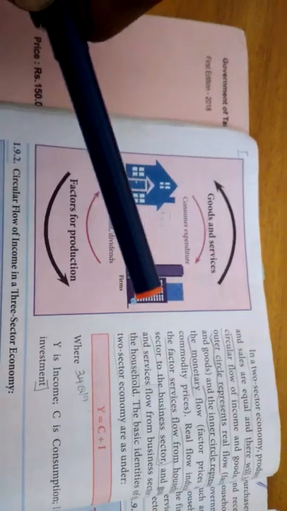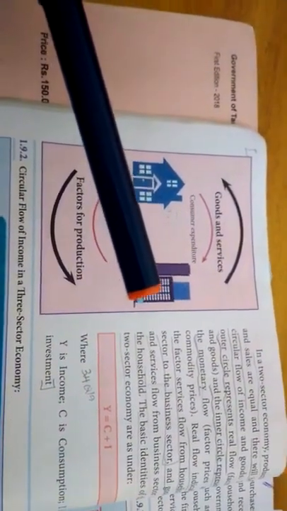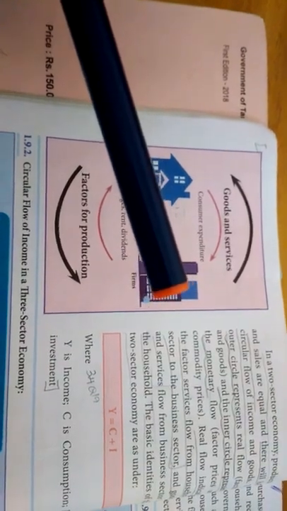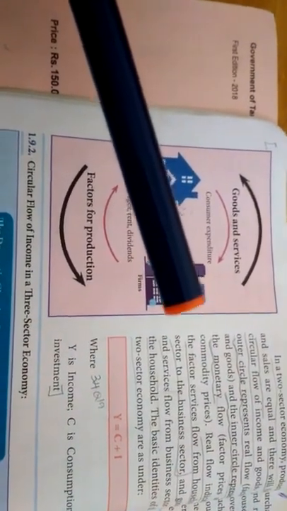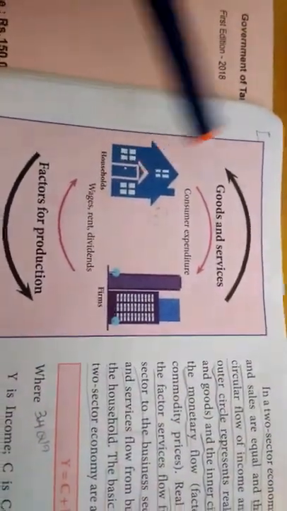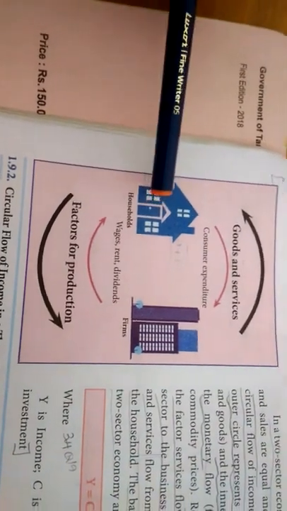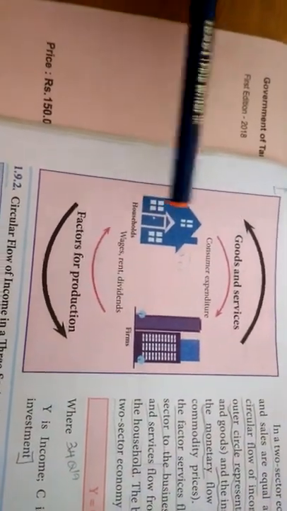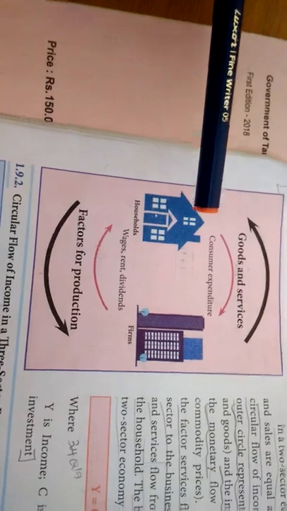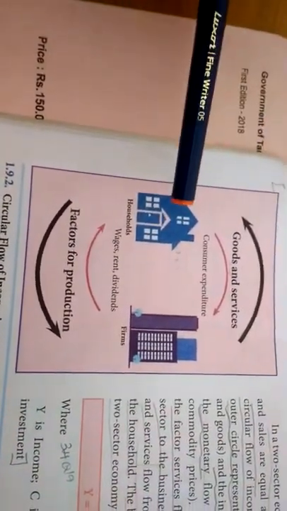Next, the farm produces commodities using the factors of production, and after producing, the farms send the goods and services to the household, because the household needs goods and services.